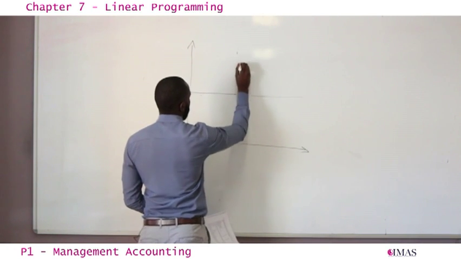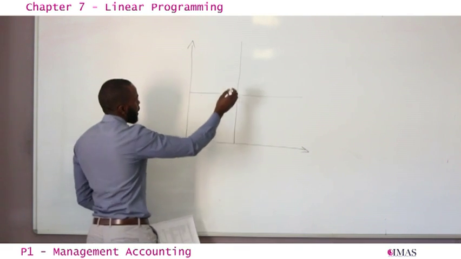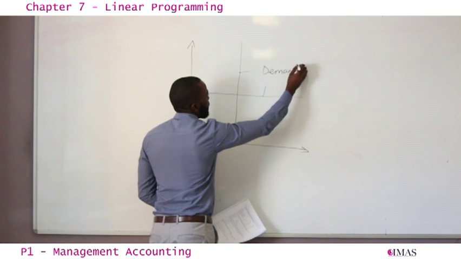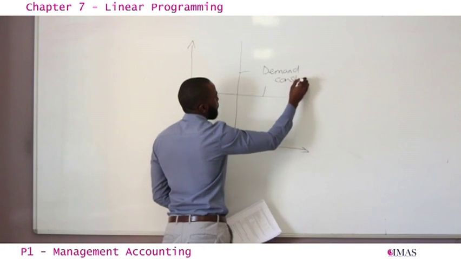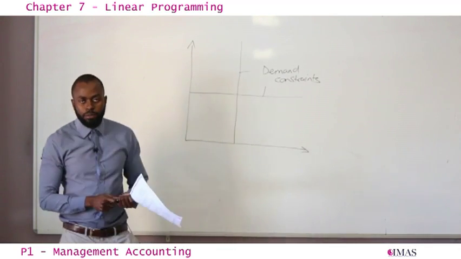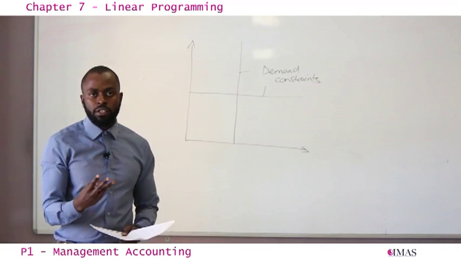So we're going to have straight lines. What the straight lines are here, we call them demand constraints. I told you that we have three types of constraints: resource constraints, demand constraints, and policy constraints.